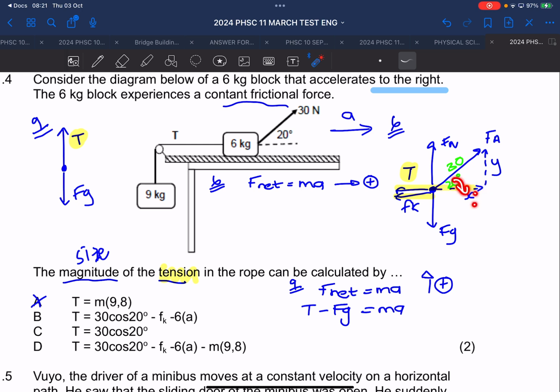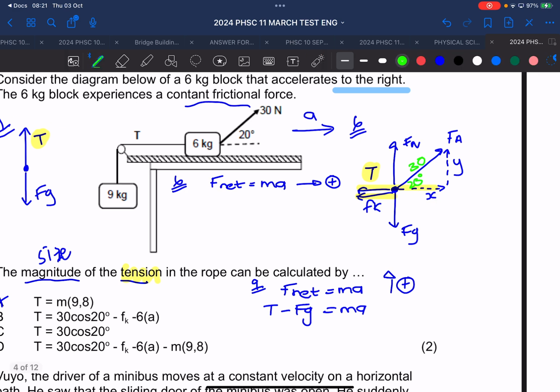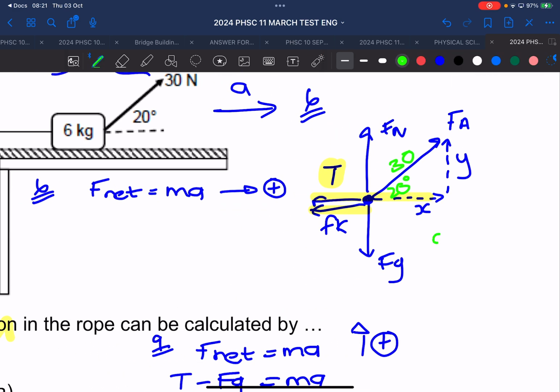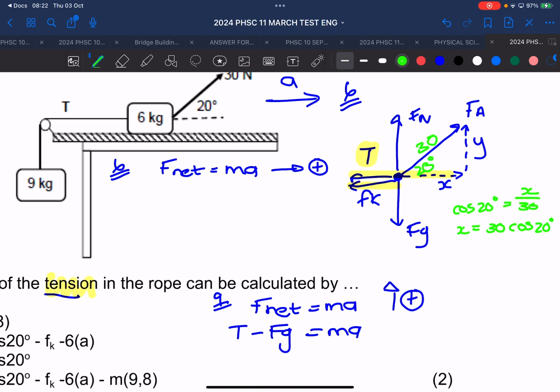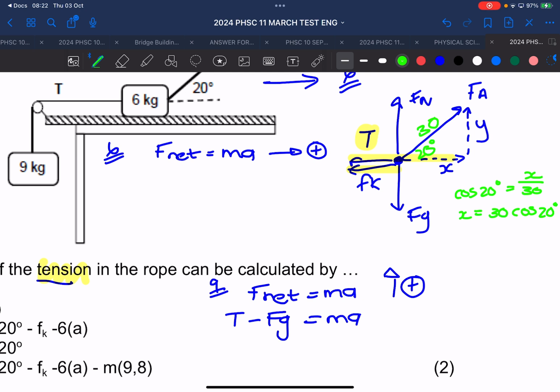Let's make a quick summary here. The cos of 20 is x over 30, so x is 30 cos 20. Rings a bell at the back of your mind. We did at least 100 of those.